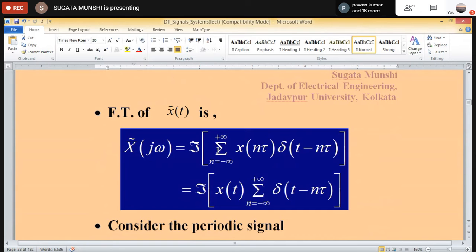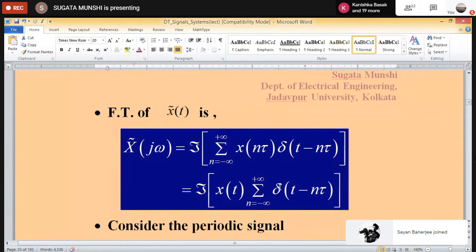In place of x hat t, I have written the summation expression, the summation involving scaled impulses. This summation is the same as the product of x(t) with a periodic train of unit impulses. When we multiply that with x(t), we get the summation over x(n tau) delta(t minus n tau). That follows from the shifting property of the impulse function.